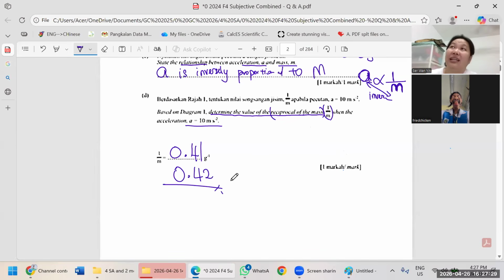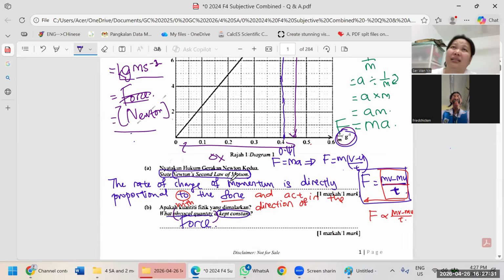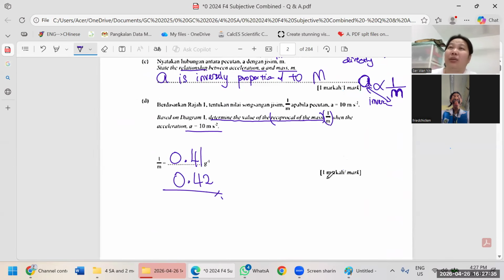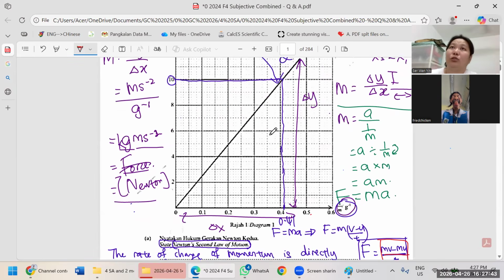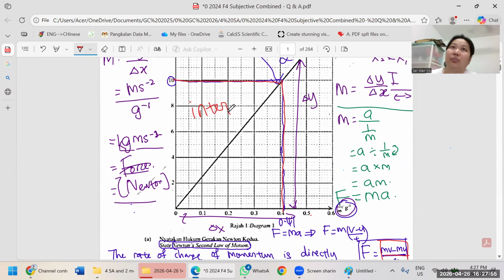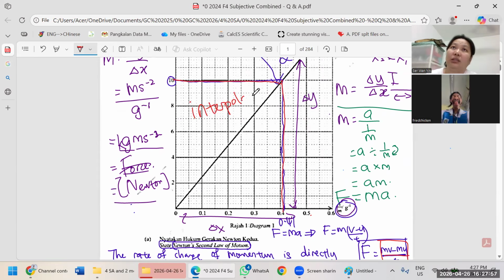Okay, so that's it. I think so. 2 marks. Oh, this is 1 mark only. Normally this one is 2 marks: 1 mark from your answer, another mark you must draw this line. You draw this line called interpolation.